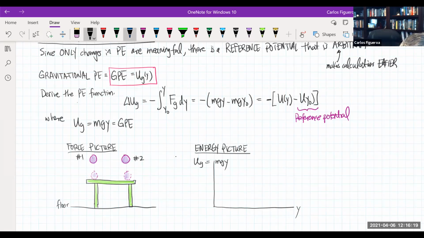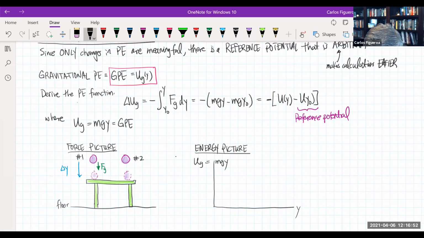So why does the ball fall? Well, the ball falls, of course, in each case because we have the force of gravity acting on this. So this tells me that if I have the force of gravity, there's going to be a height change as this ball falls from positions 1 and 2 all the way down. But what does the potential energy function look like?